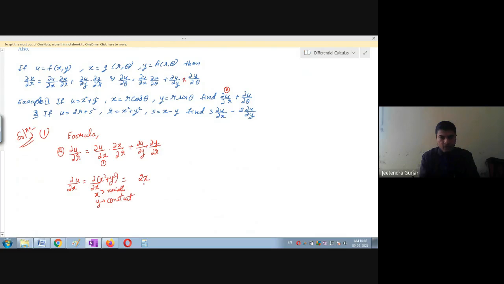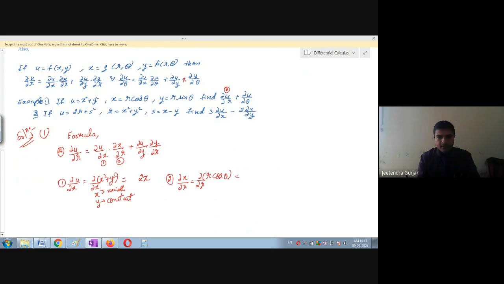Yes, very good. I have finished the first one, so I will move to the second one. Now I want to find ∂x/∂r, right, students? Keep ∂/∂r as it is and substitute the x value. What is x? They have given r cos theta. So I will write r cos theta here.